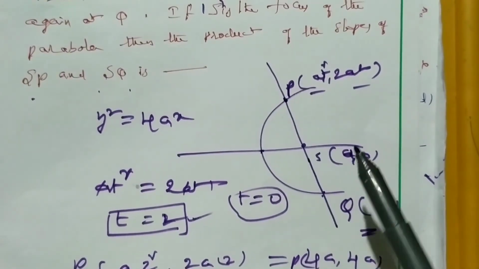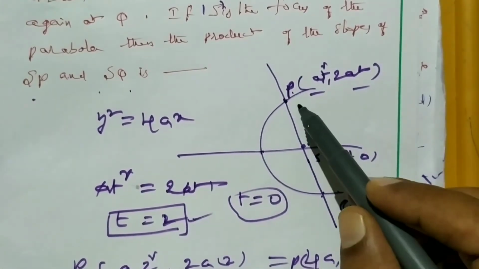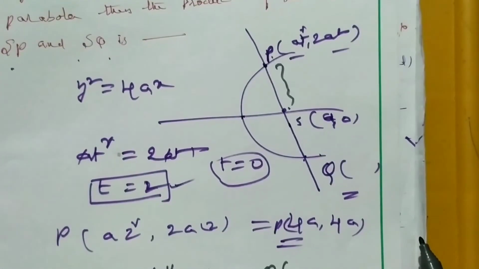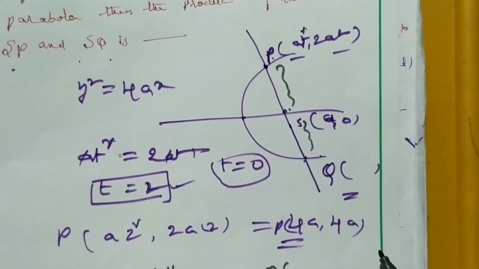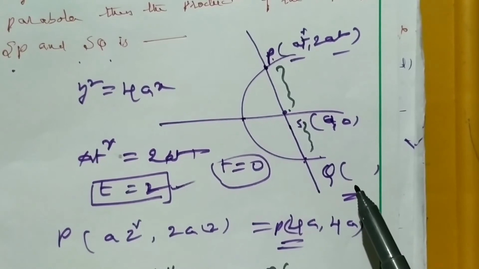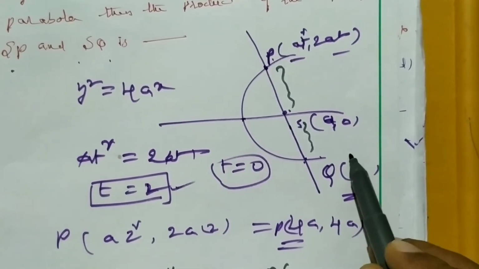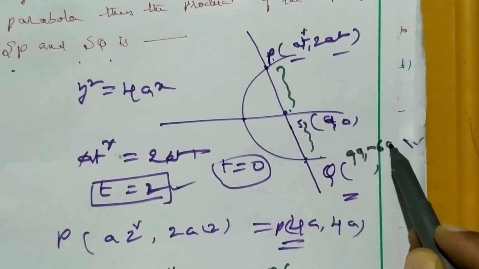From the figure, it is P S Q. First we find the slope of PS and later the slope of SQ. Their slopes should be multiplied to get the product. Q is 9a comma minus 6a.